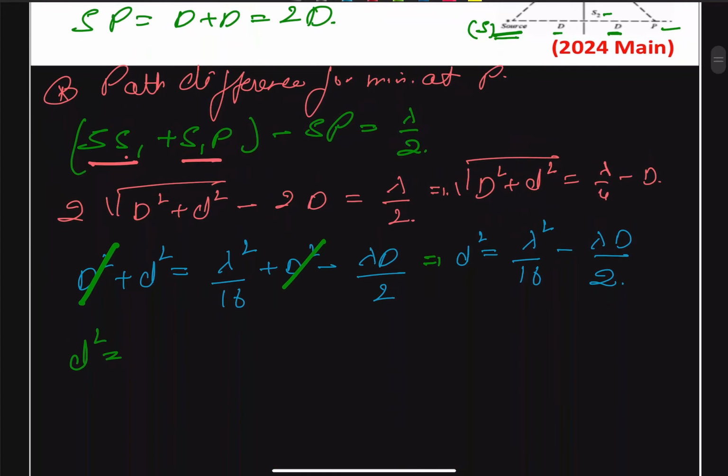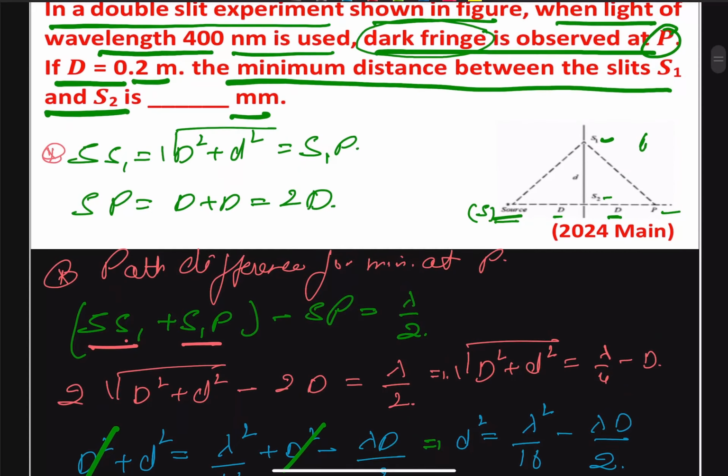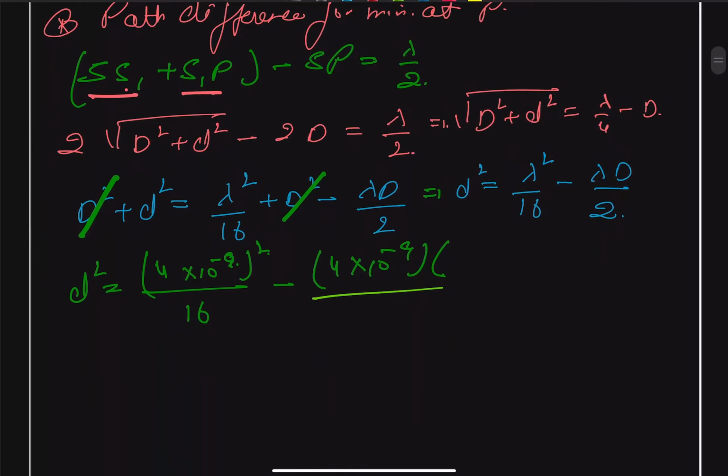So we can write this as 4 into 10 to the power minus 7 whole square, and nanometer is 10 to the power minus 9, divided by 16, plus 4 into 10 to the power minus 7, and capital D is given to us as 0.2, divided by 2.